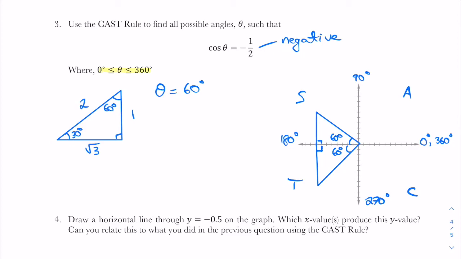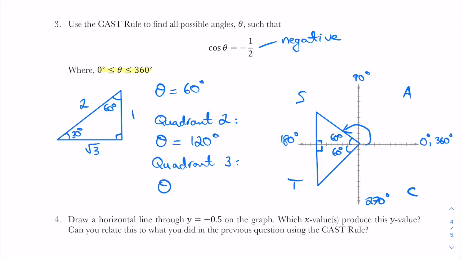So how far do we rotate the initial arm to get to the location in quadrants 2 and 3? When we're in quadrant 2, the angle would be 180 minus 60, or 120 degrees. And when we're in quadrant 3, the angle would be 180 plus 60, or 240 degrees.